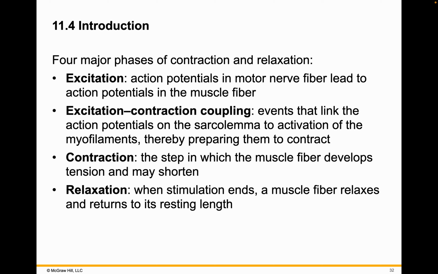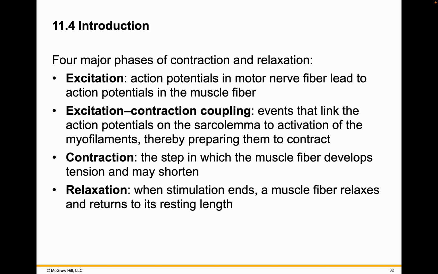There are 4 major phases of contraction and relaxation: excitation, excitation-contraction coupling, contraction, and relaxation. In excitation, action potentials in the motor nerve lead to action potentials in the muscle fiber. Excitation-contraction coupling consists of events that link the action potentials on the sarcolemma to activation of the myofilaments, preparing them to contract.